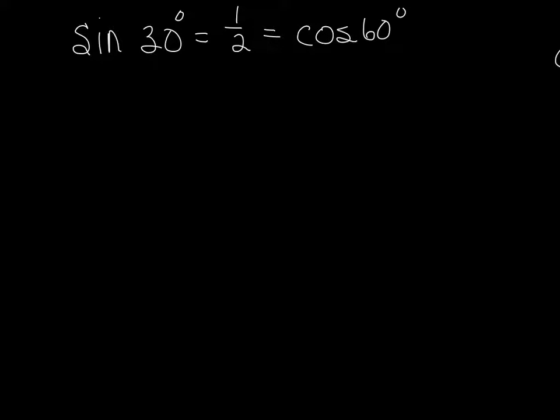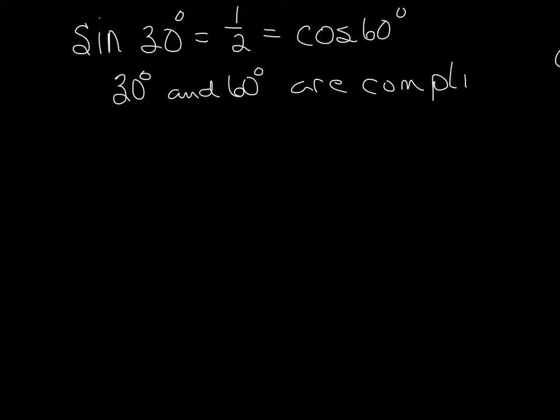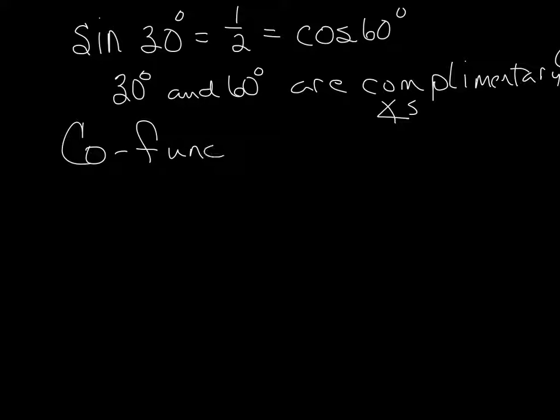And 30 degrees and 60 degrees are complementary angles. All right, so the sine and the cosine are considered cofunctions. And cofunctions of complementary angles are equal.